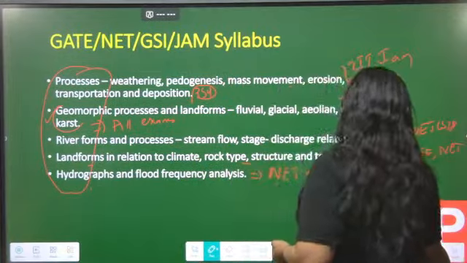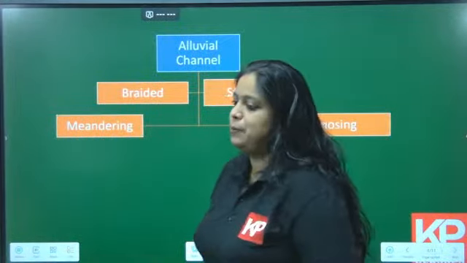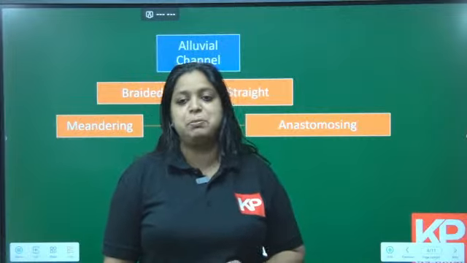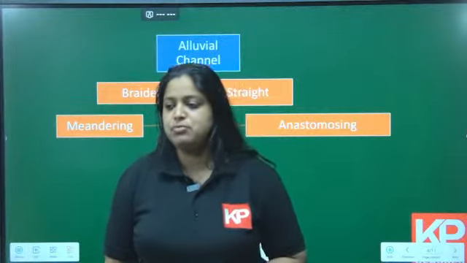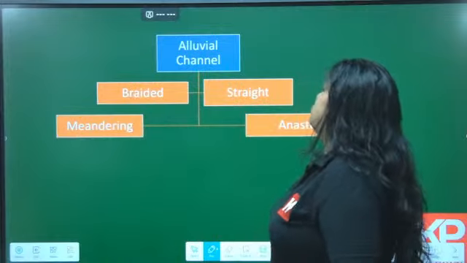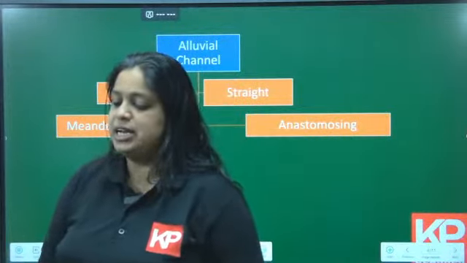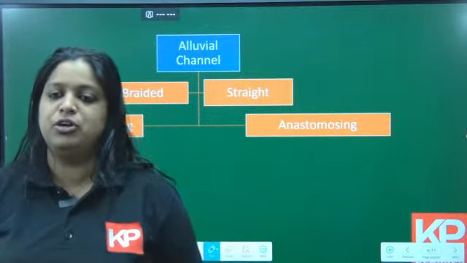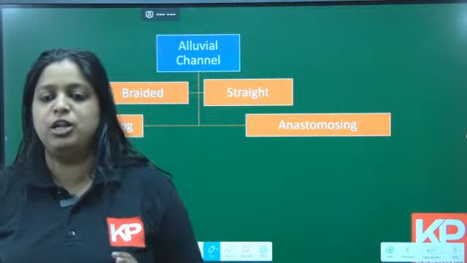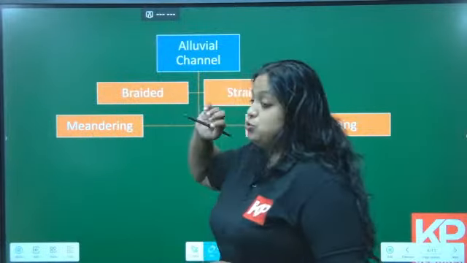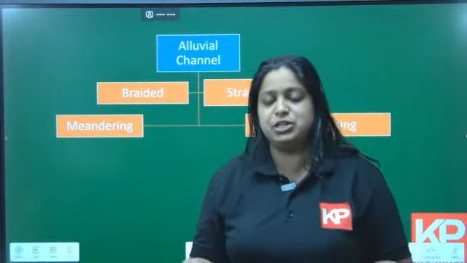So let's continue with a topic in geomorphology. Not a small topic, this is the most important chapter in geomorphology. Let's discuss the alluvial channel. When it comes to alluvial channels, there are different types of classification.